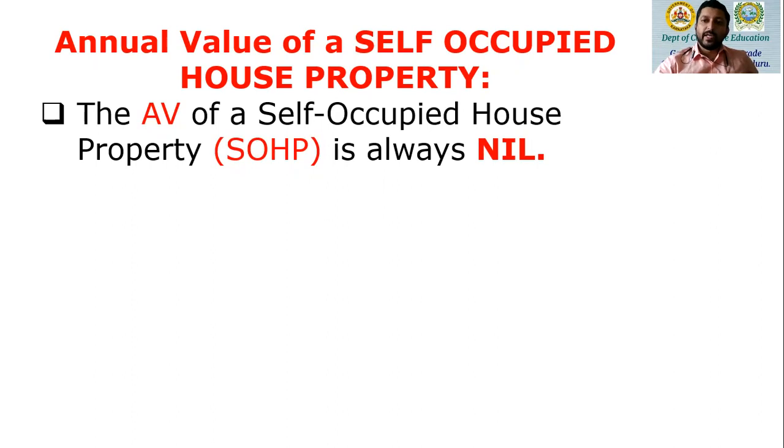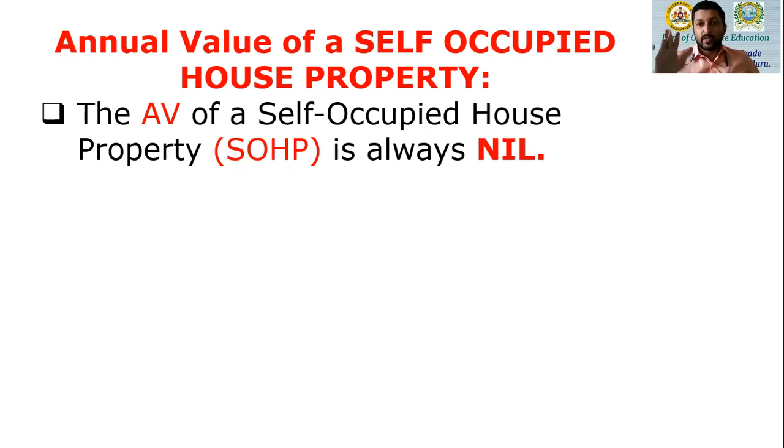Now how do you treat the income from self-occupied house property? One very important point that we have to note is that the annual value of a self-occupied house property is always nil, because we are not going to derive any rent out of that property. So the annual value is always nil.